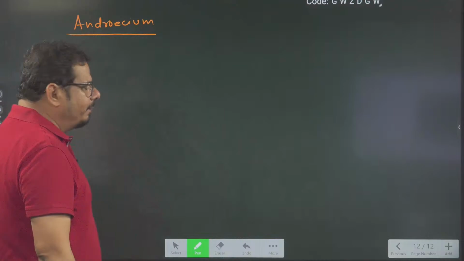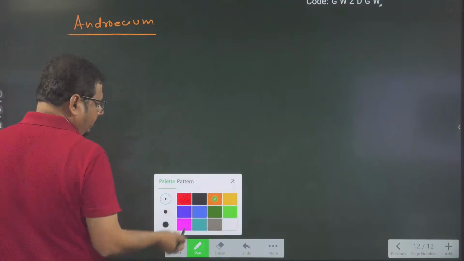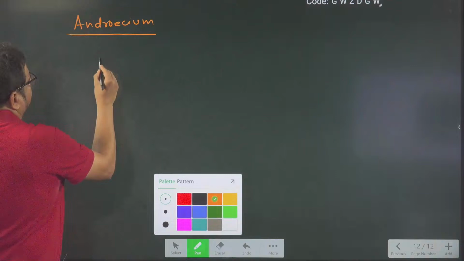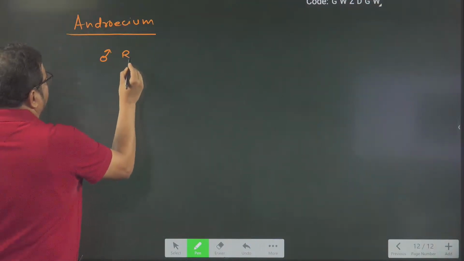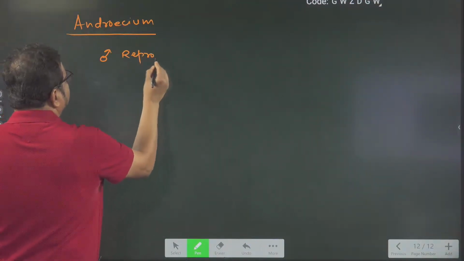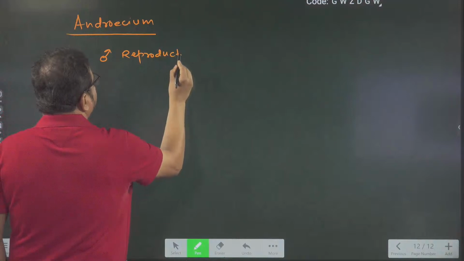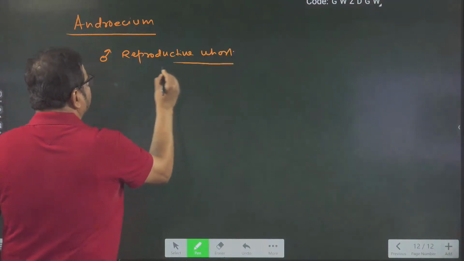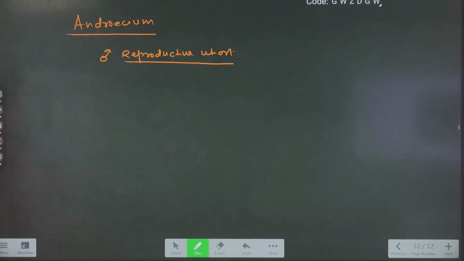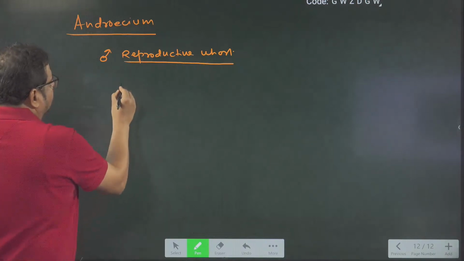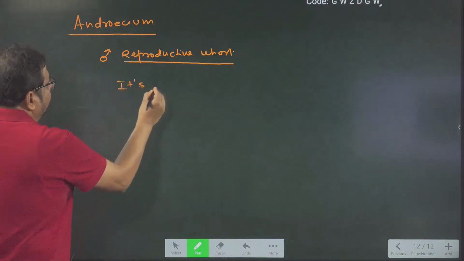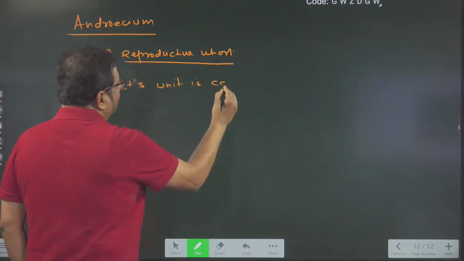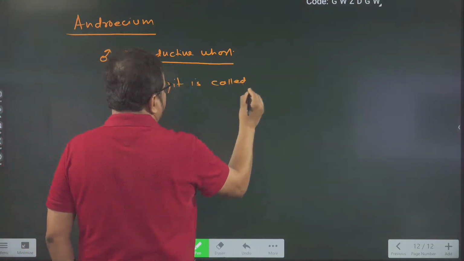Right? So if we discuss the Androecium, give your attention. It is the male reproductive whorl, first thing. Second thing, its unit is called stamen.